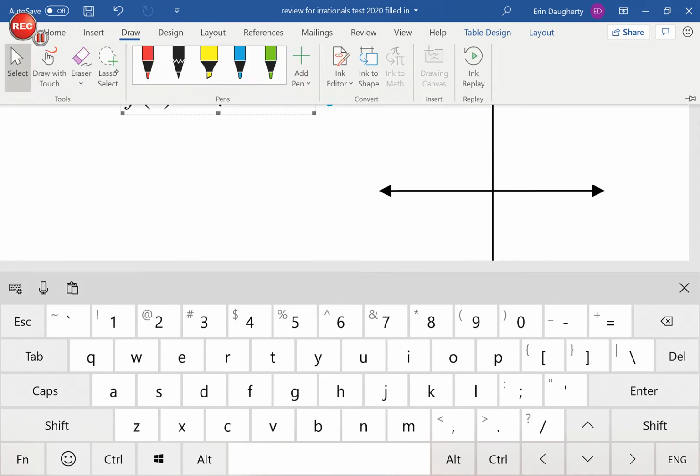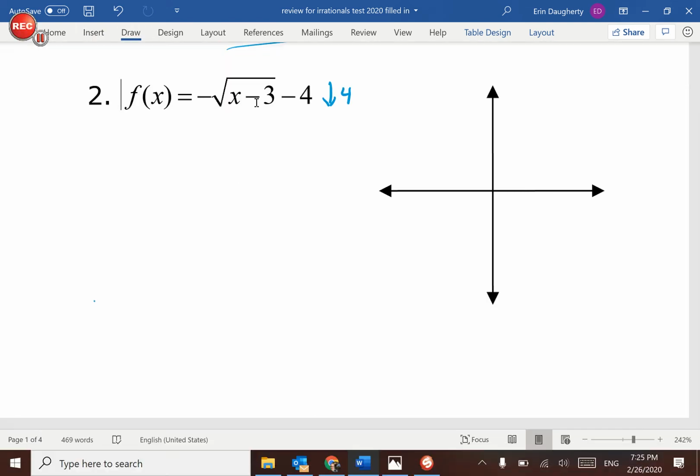Nope, not going to happen. Okay, so let's go ahead and, there we go. That negative 3 on the inside of the radical is going to tell us that this entire equation is going to shift 3 to the right. Okay, and then this one does have a scale, so instead of opening up, it's actually going to open down because it's going to be reflected about the x axis.